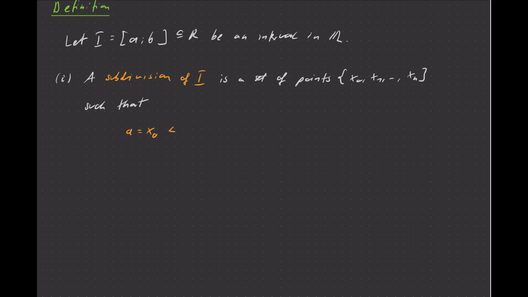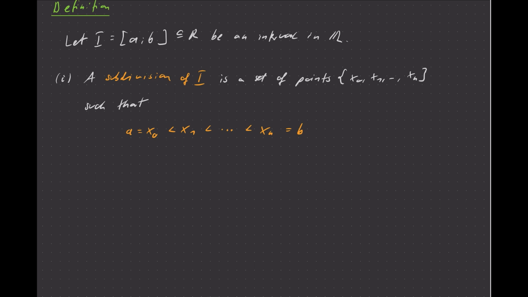Then the other points are ordered in increasing order, so x1 is strictly less than x2, and so on, up to xn, which is equal to the right endpoint of the interval, b.